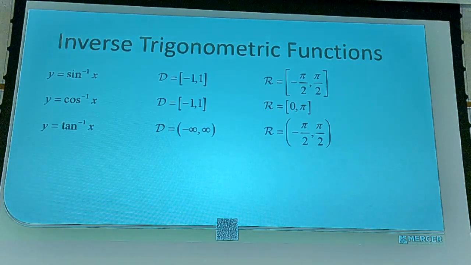A comment on the notation. This is the more commonly used notation. You may also see the arc notation: arcsine, arccosine, and arctangent. They're just the inverse. So it just depends on the reference, the text that you're looking at.